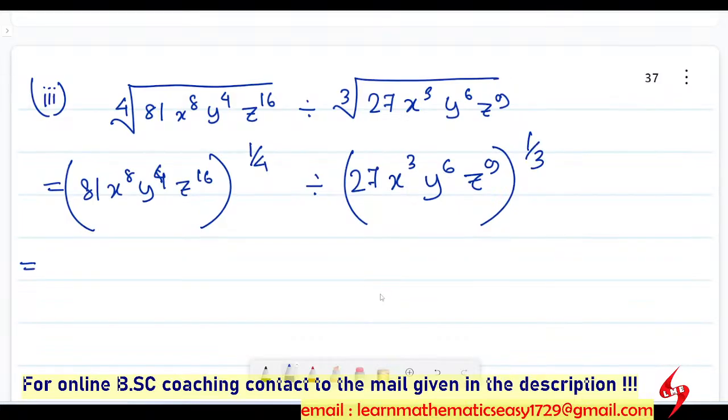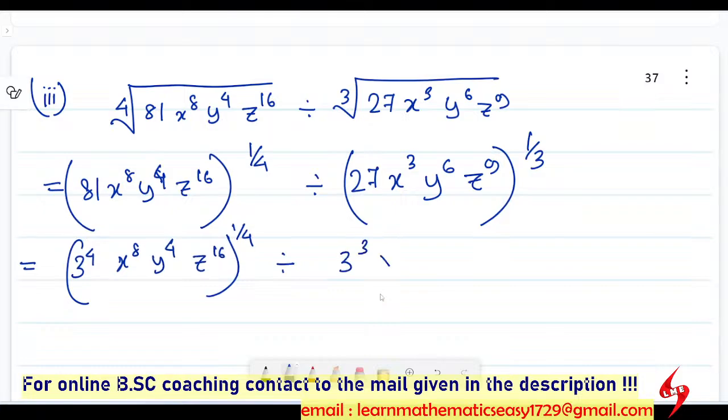So the power will be distributed here because this is the multiplication as well. So this is 3 to the power 4 x to the power 8 y to the power 4 z to the power 16 whole to the power 1 by 4, and again 3 cube x cube y to the power 6 z to the power 9 whole to the power 1 by 3.